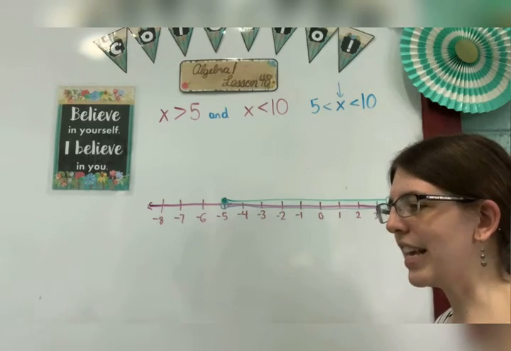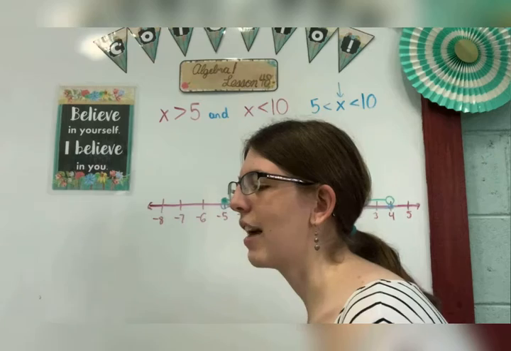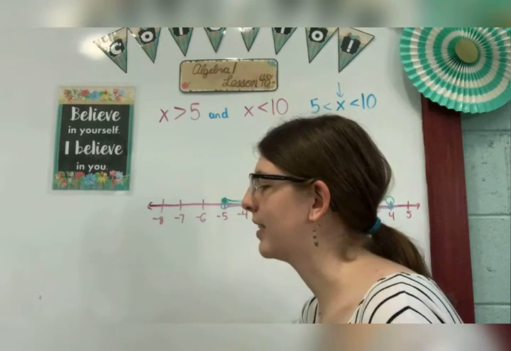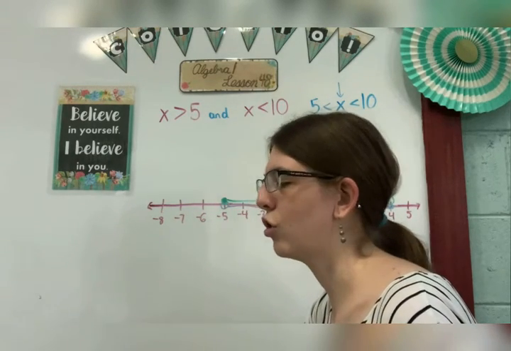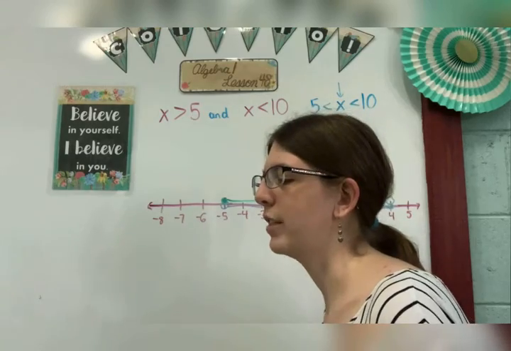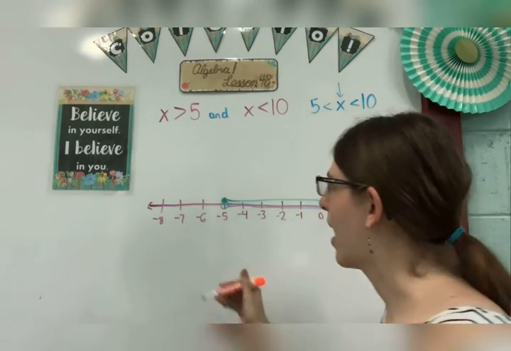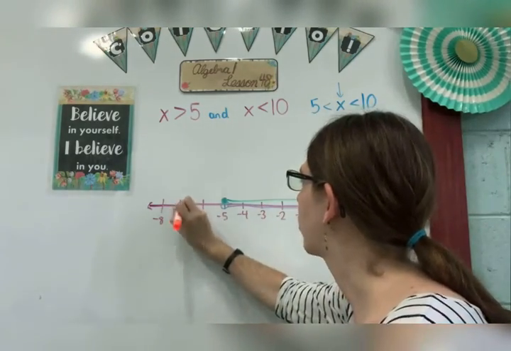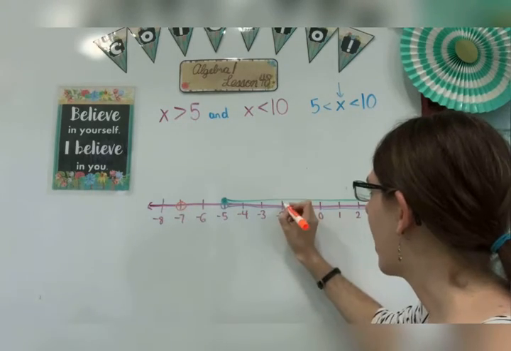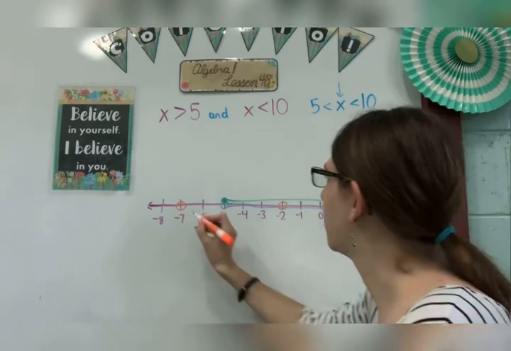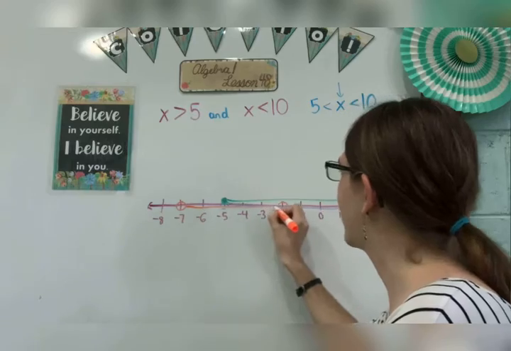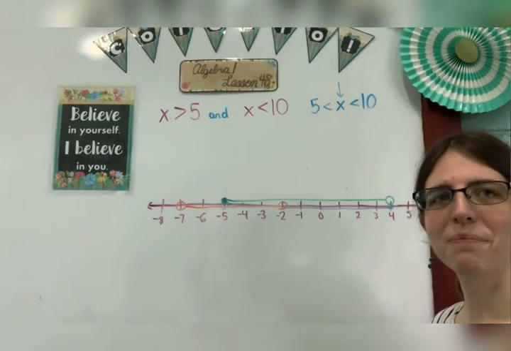Then letter C is -7 is less than x, and x is less than -2. So for this one, you have an open circle over -7 and an open circle over -2. And you just connect them. Okay?